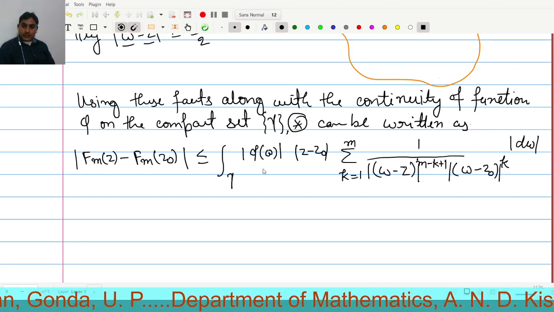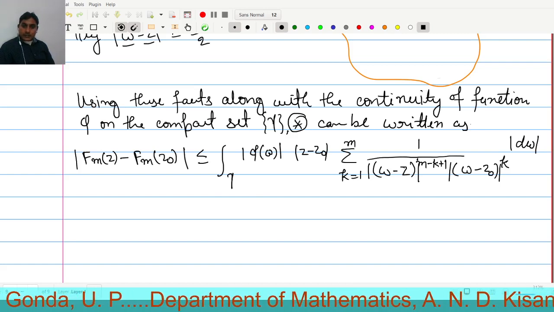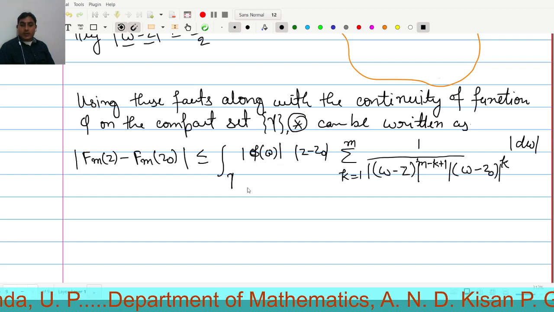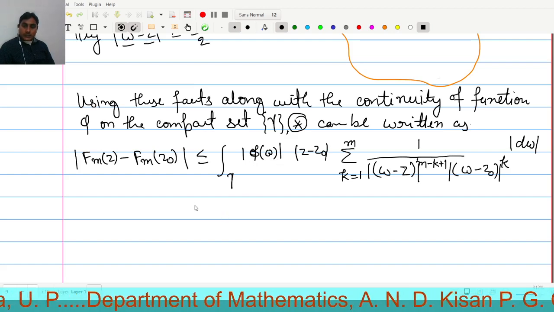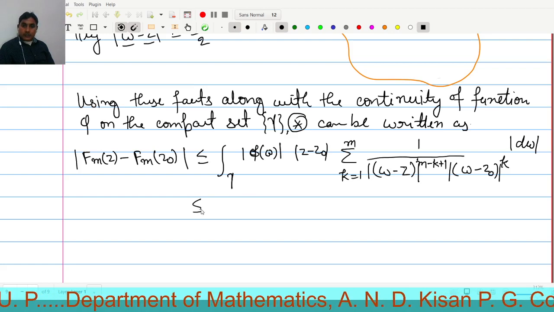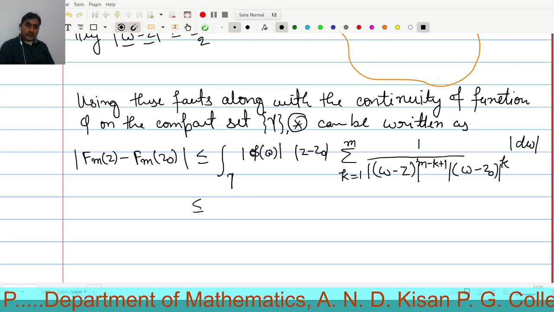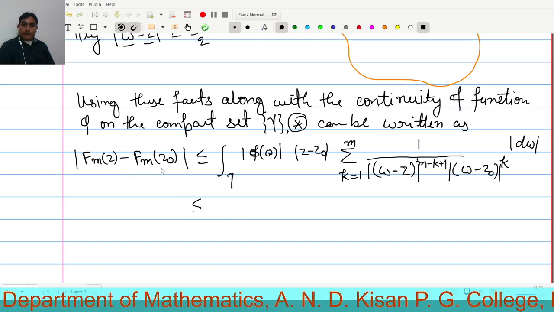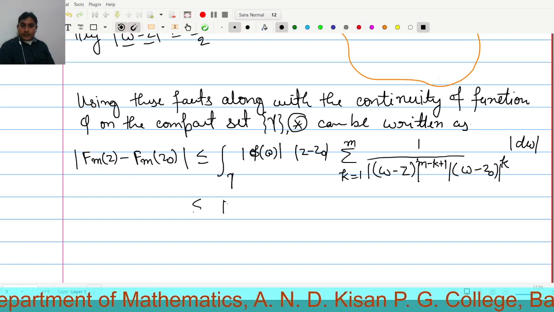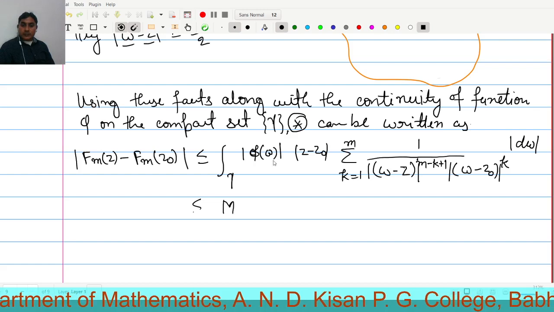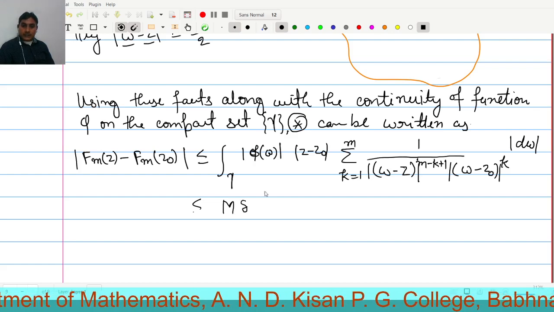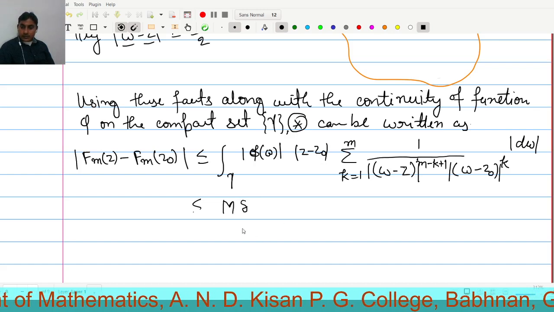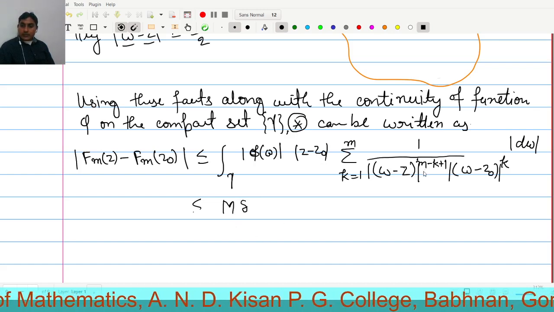Is it all right? And because phi is continuous on the compact set, so this is bounded, so this is less than or equal to, not lesser, strictly less than capital M, where it is a bound for this, and this is delta for the bound for this, which we have already written. And what about this?